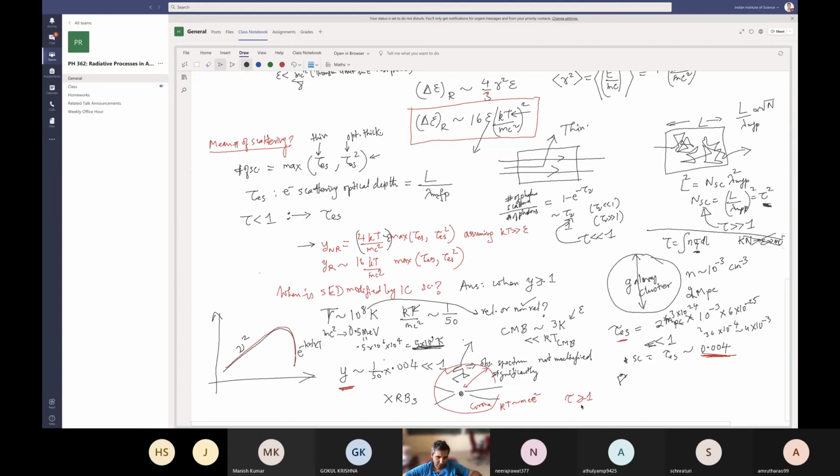To explain some of the X-ray binary spectra, you need to invoke Comptonization, which means your y parameter is greater than 1. Let me now show you some examples.